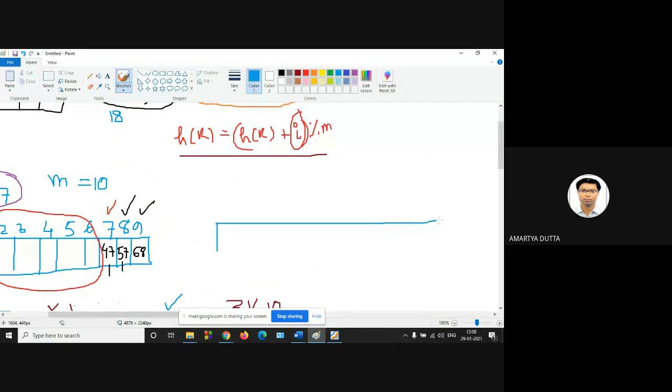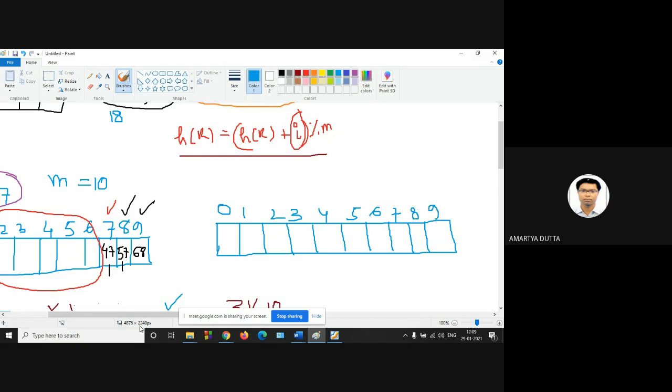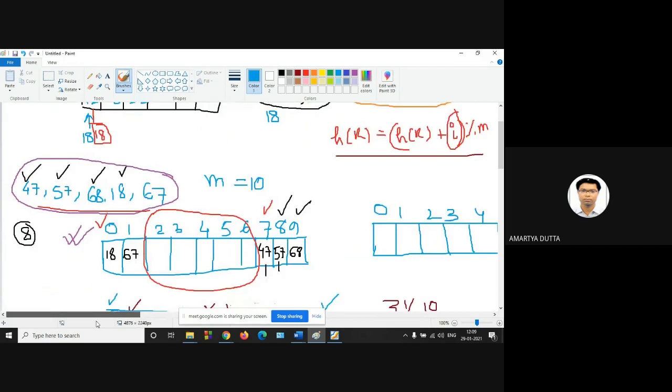So the array indices go from 0 to 9. Now, using quadratic probing, insert 47, 57, 68, 18 and 67.